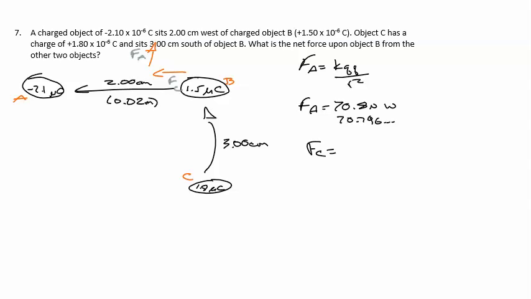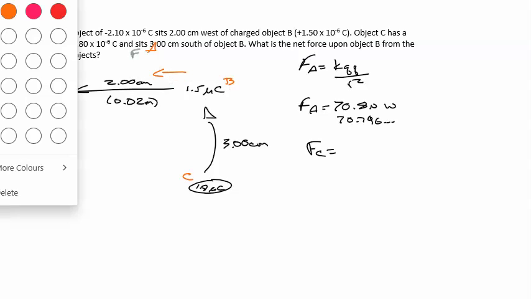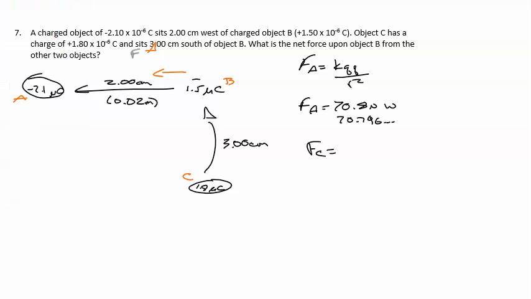Force C, which is the one that's heading north, and I think I've mixed those up here. Object B is here. This force was actually the force caused by C heading north. This was force A, the one going west.